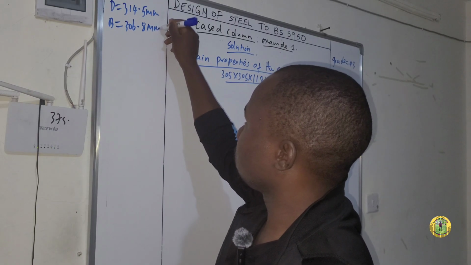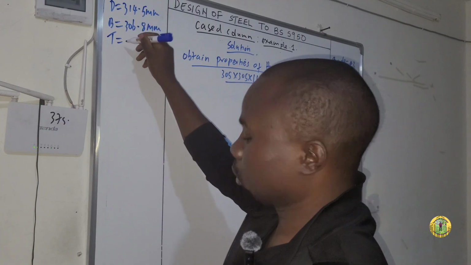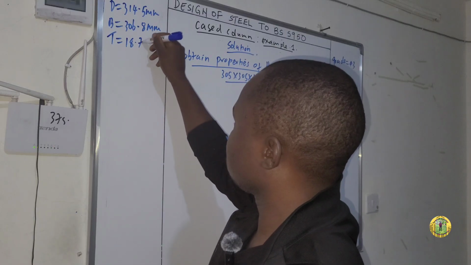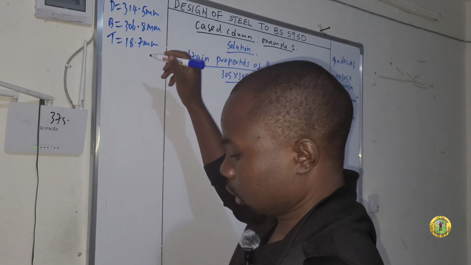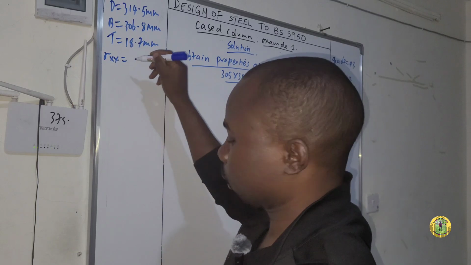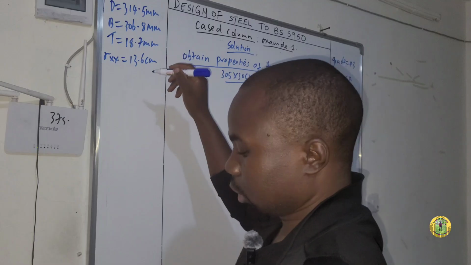Then you have B is equal to 306.8 millimeters. T, capital T, is equal to 18.7 millimeters. We have the radius of gyration about x axis 13.6 centimeters.